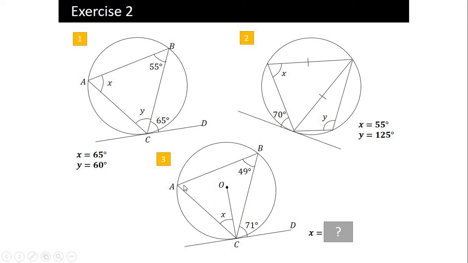So within this isosceles triangle, we'd have that this angle here was 98. And then we're just using the fact we've got an isosceles triangle, so 180 subtract 98 leaves me with 82. Divided between these would give me that X was 41 degrees.